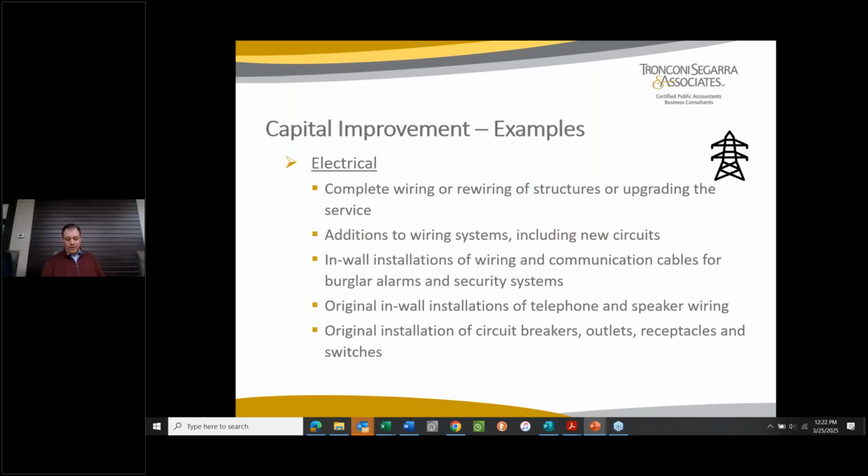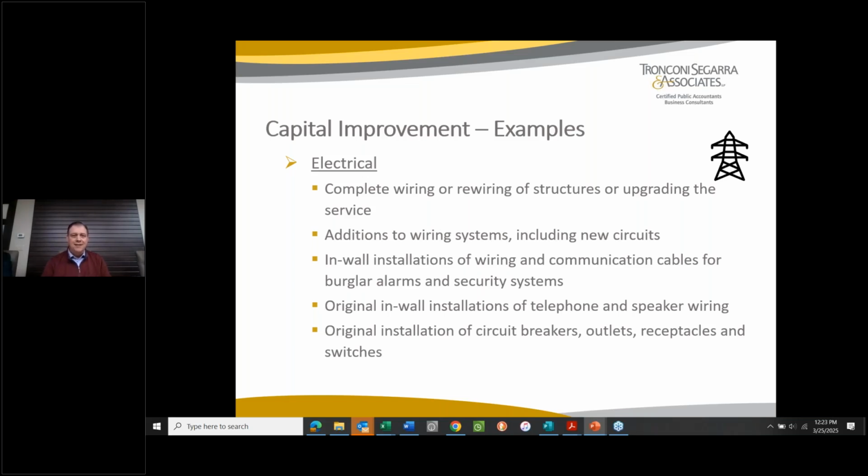So electrical, same kind of thing. Any complete wiring or rewiring of a structure, or if you have to upgrade the wiring for service purposes, that's going to be exempt. New circuits, any in-wall installations of wiring, communication cables for burglar systems, security systems. The only time that those type of cables wouldn't be a capital improvement is if it's provided by the phone company or a cable company to provide their service.